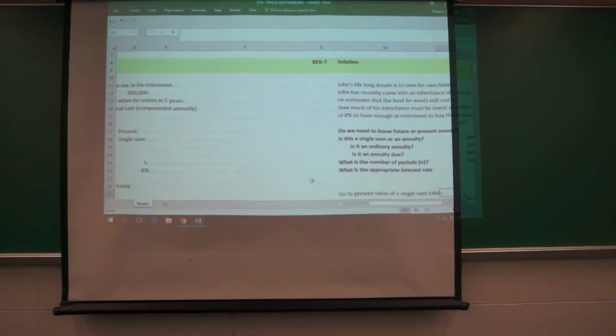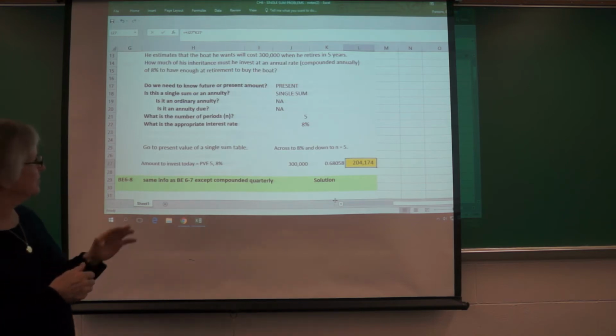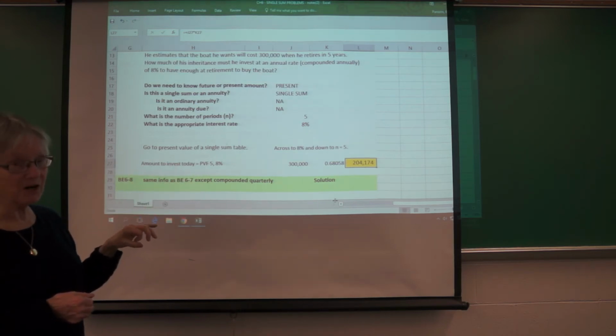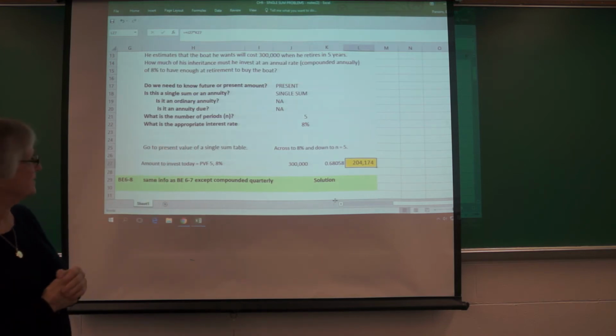If we go to the tables, I'm just going to go right across here, we get a factor of 0.68058, and so if we want the amount we need to invest today, we take the 300,000 that we need in the future, bring it back to the present, and he has to deposit 204,174. So you can see we're setting up the problems. First of all, does the answer make sense? You know that if you need 300,000 in the future, the number that you need to deposit today is less than that because it's going to be earning compound interest over the 5 years.